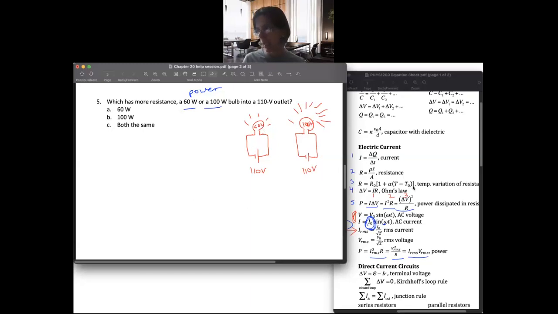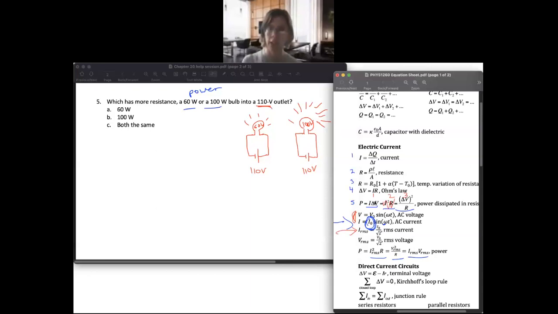Somebody put in the chat, we're going to use equation number 3, which is correct. The way that you want to figure out which equation you're going to use is just like we did with capacitors. You pick an equation that has one variable that remains constant. And in both cases, the 110 volts, the delta V, is constant.